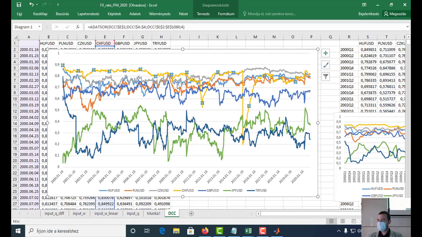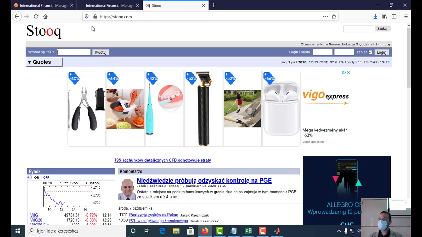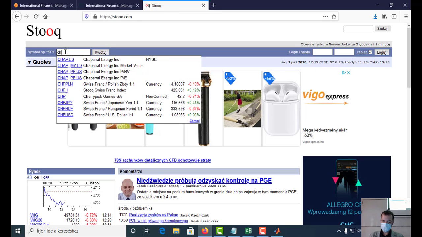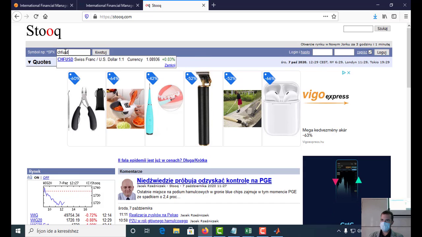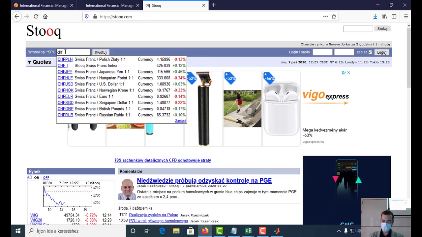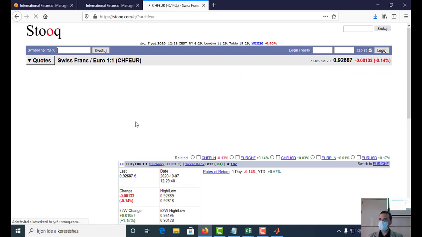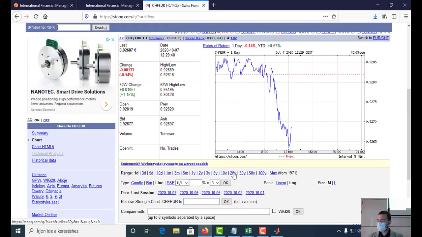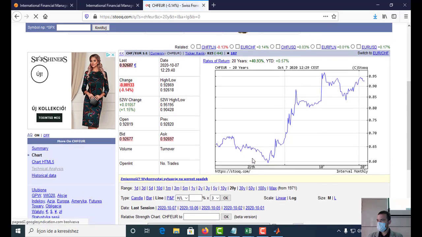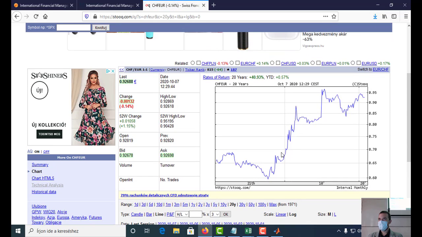And we know at the same time what is happening with the Swiss franc, sorry, euro. It is appreciating a lot against the euro.